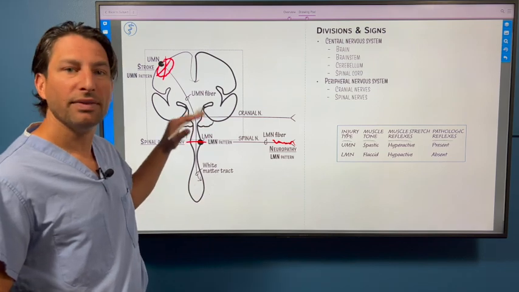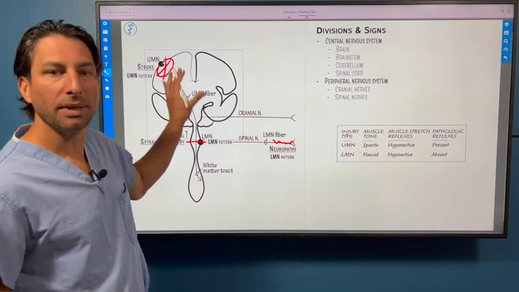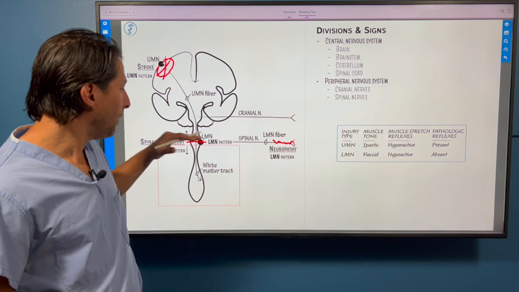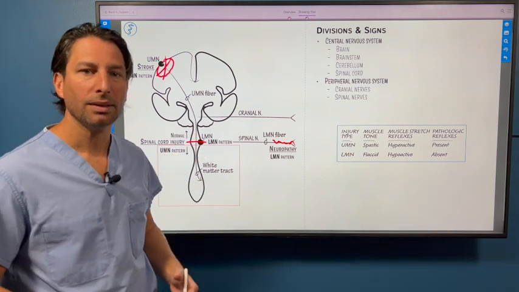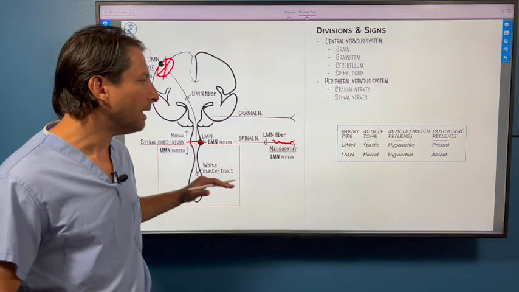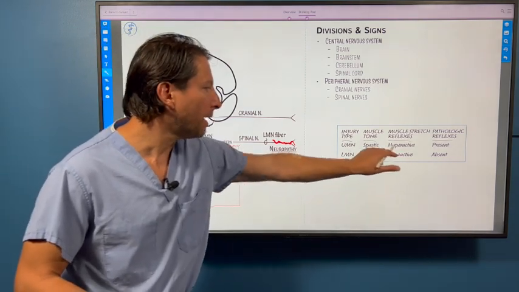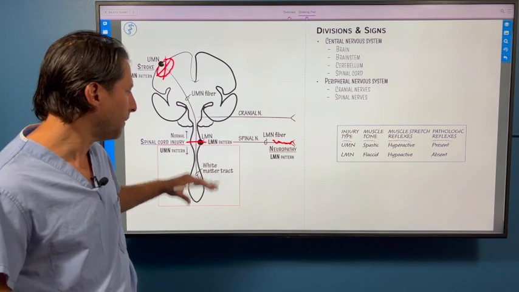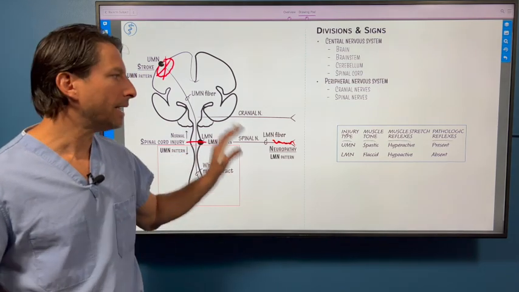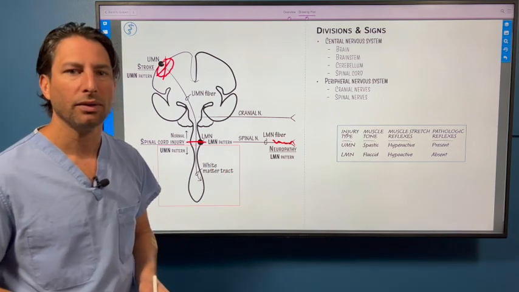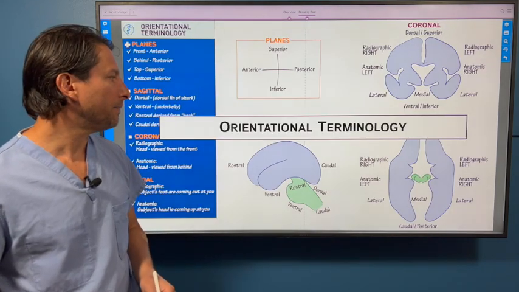Now above the level of injury, everything's going to be normal. But below the level of injury, so for instance in the lumbar region, which is below, the knee reflex is going to be brisk because there's going to be an upper motor neuron pattern for everything below that level of injury. And again, this is really, really fundamental for localization.